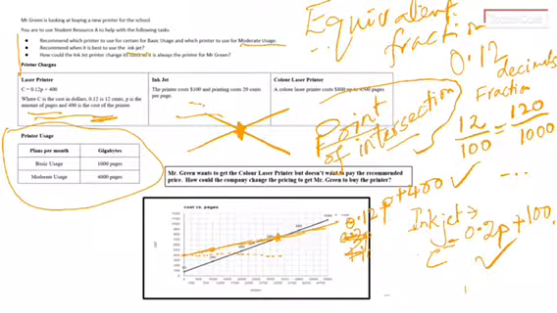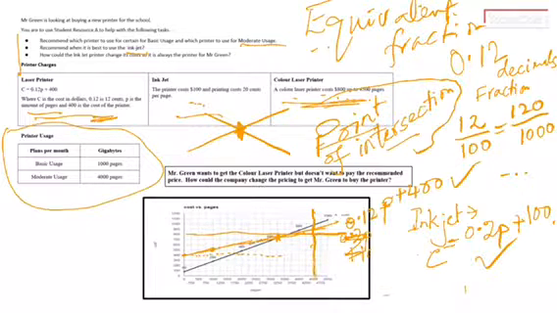The next line I'm going to draw is this one. A color laser printer costs 800 up to 4,500 pages. So up to 4,500 pages, which is this line, it is 800, right?